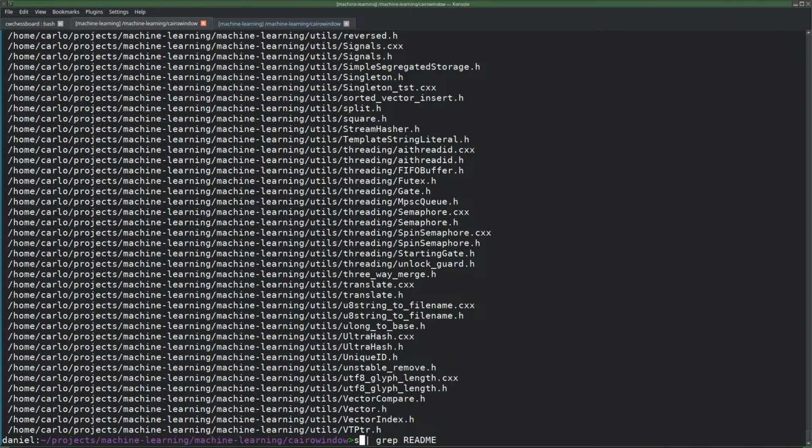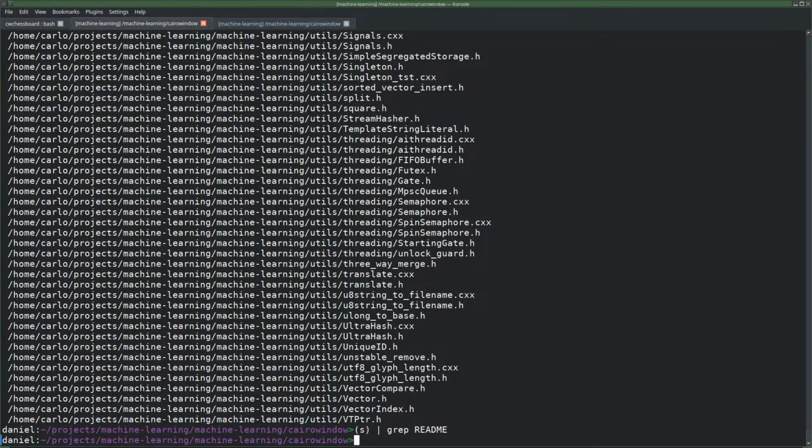It's really strange. There is no readme. Well, S stands for source code, so yeah, the readme is not part of that.